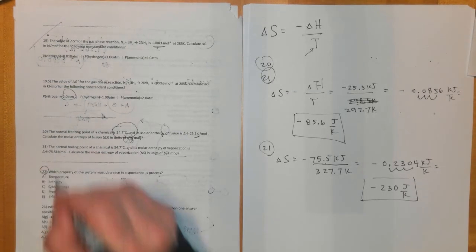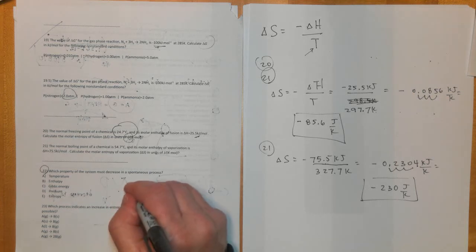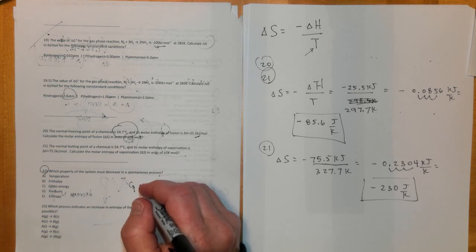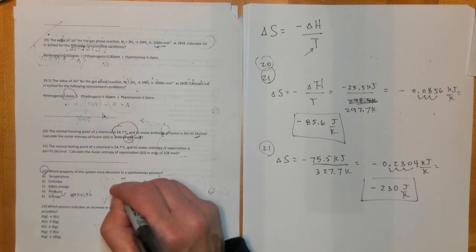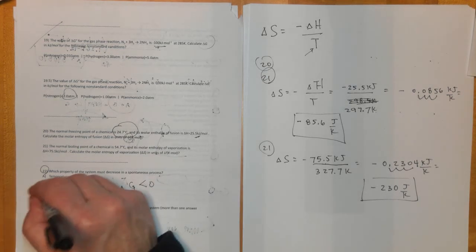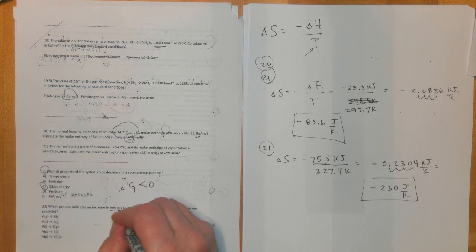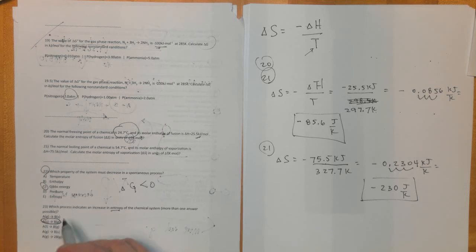Number 22, which property of the system must decrease in a spontaneous process? Well, G has to be below 0, so it has to decrease to be spontaneous, and so delta G is the one that has to decrease to be spontaneous. And which process indicates an increase in entropy? Entropy will increase when you go from a solid to a gas, because obviously a gas has many more microstates.